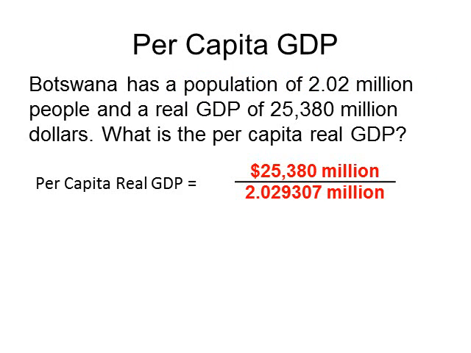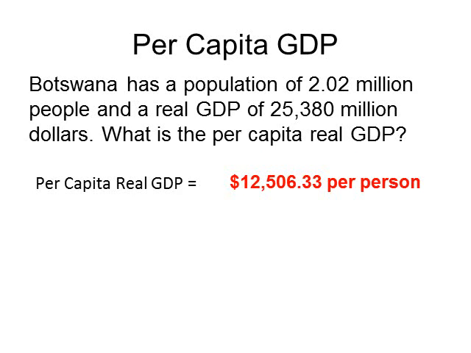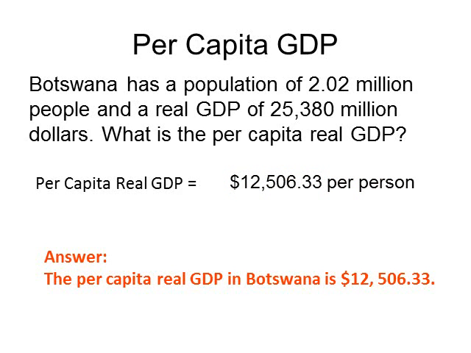Next step is to divide 25,380 million by 2.02 million, and this gives a real per capita GDP of $12,506.33 per person. The answer to the question, what is the per capita real GDP of Botswana, is the per capita real GDP in Botswana is $12,506.33 per year.